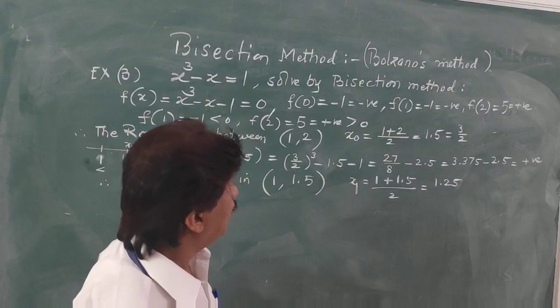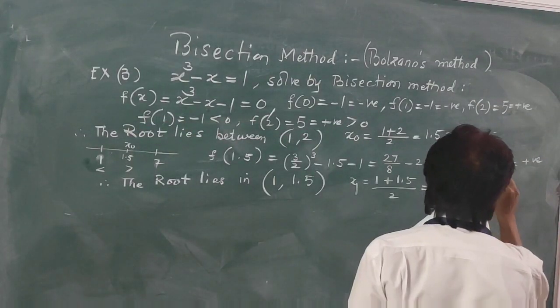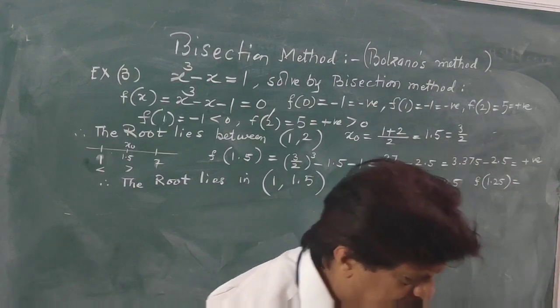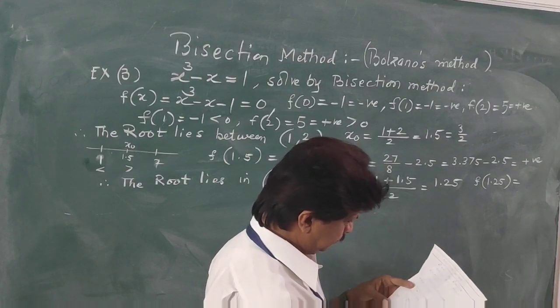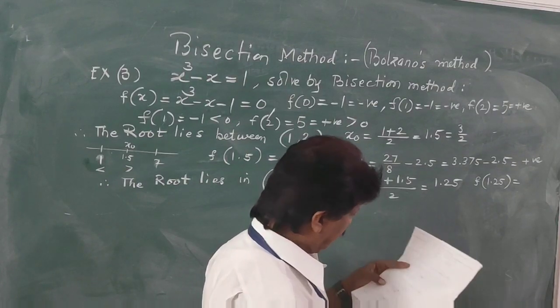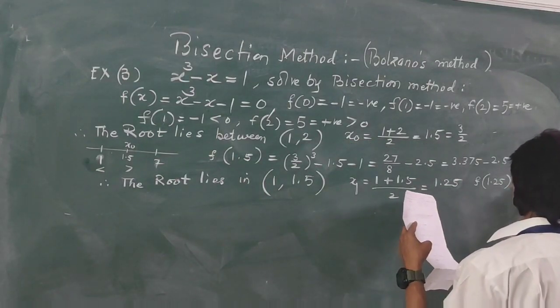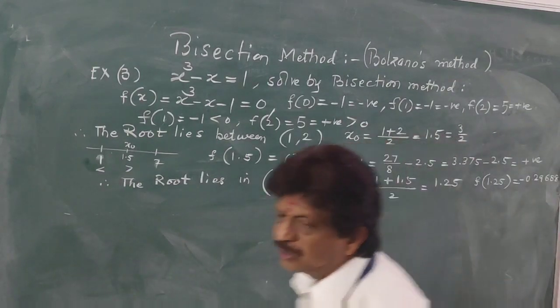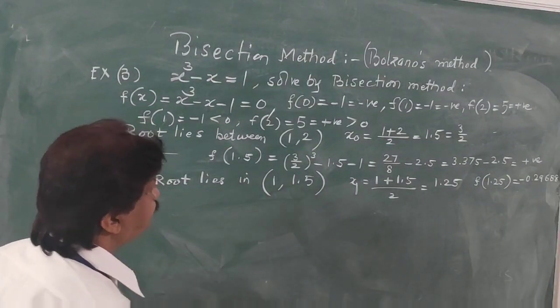Again, the f value of this, f of 1.25, is minus 0.29688.